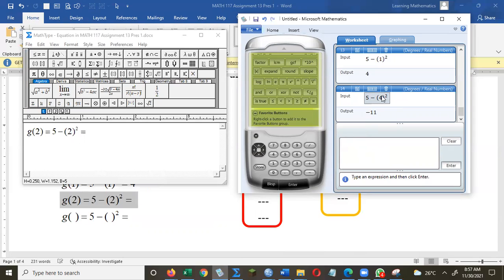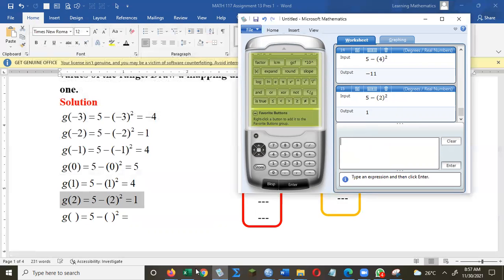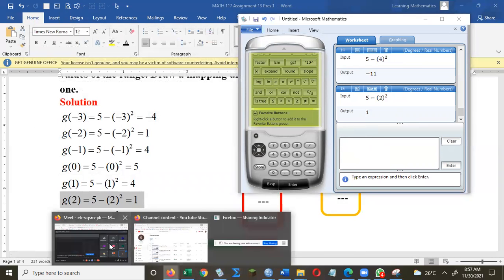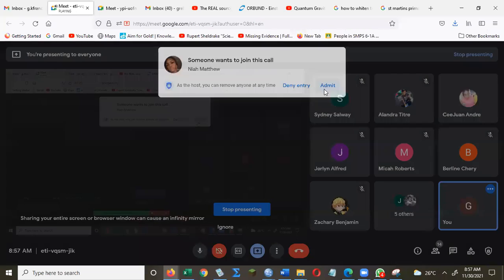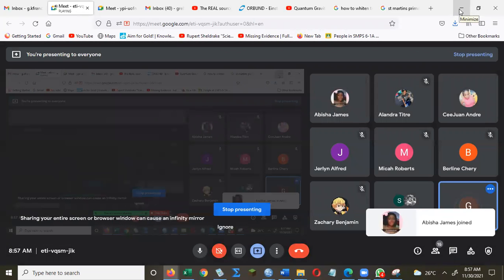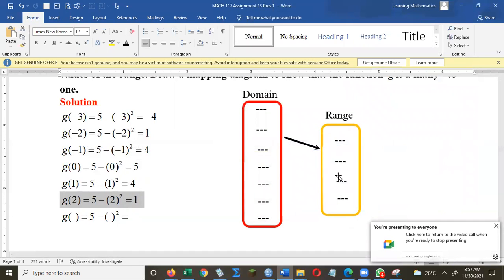Let's just see if anybody wants to join. Now we are moving on to 3.